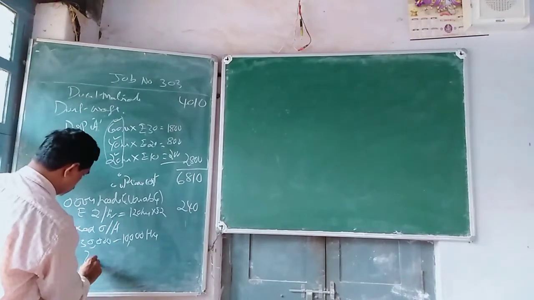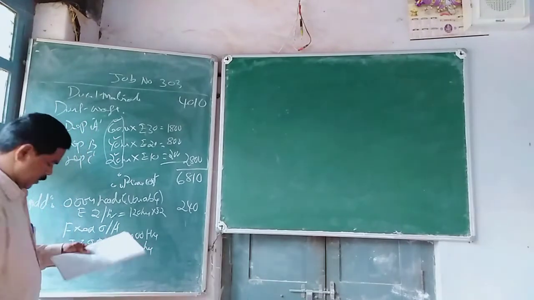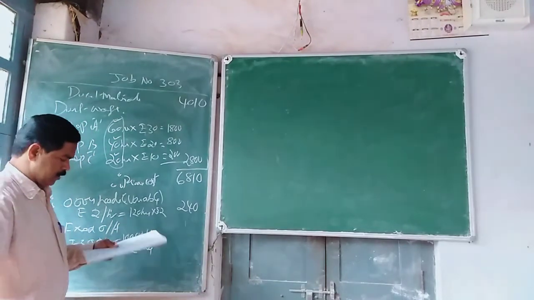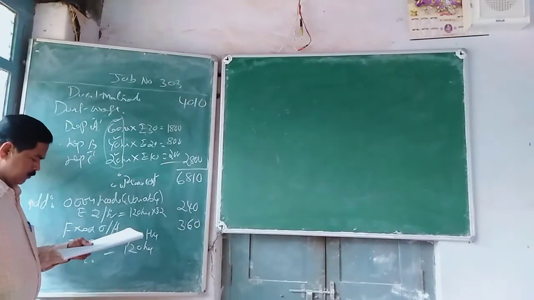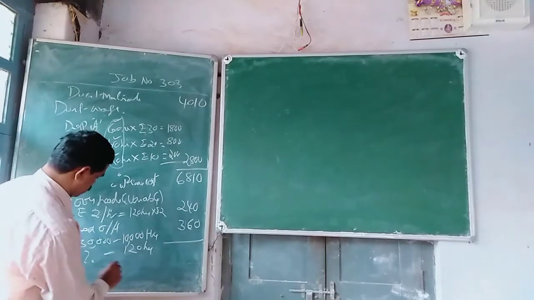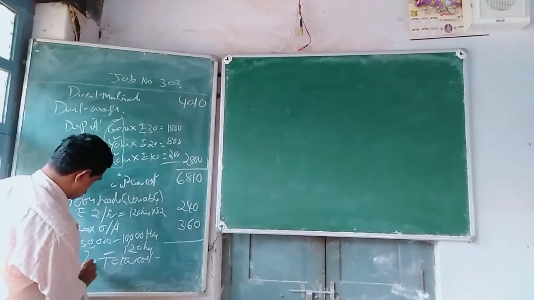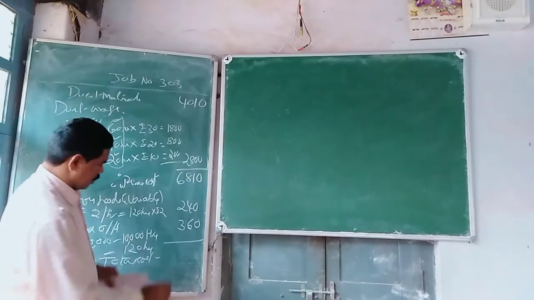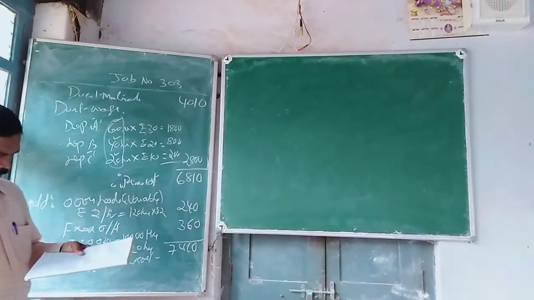So how much for 120 hours? You will get the fixed overheads. So it is 360. So no other cost. So you will get the total cost. Therefore total cost 7,410.